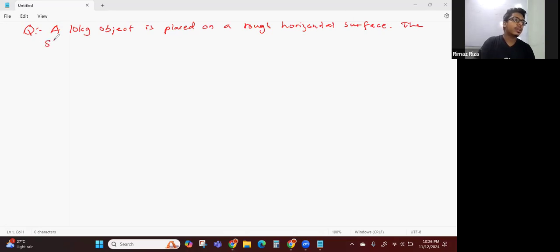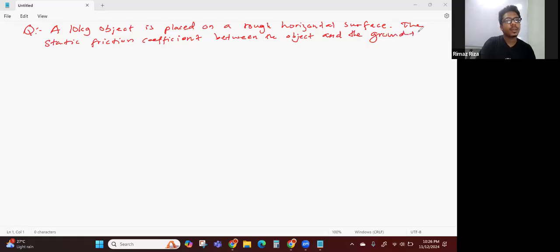The static friction coefficient between the object and the ground is 0.7.